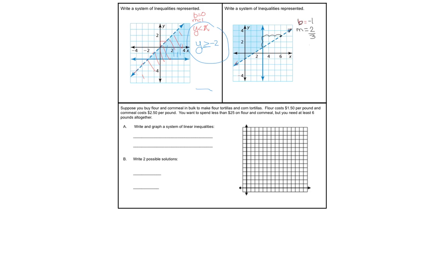Y equals mx plus b, Miss Lane. So it's 2/3 x, my y-intercept's b. Now we need to look at our inequality. There's not any shading down, so it would have been above it, so it would be greater than, and it was a dashed line.